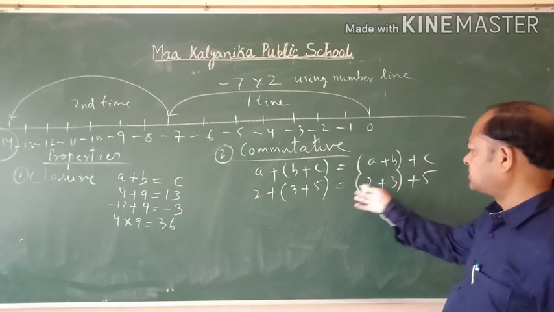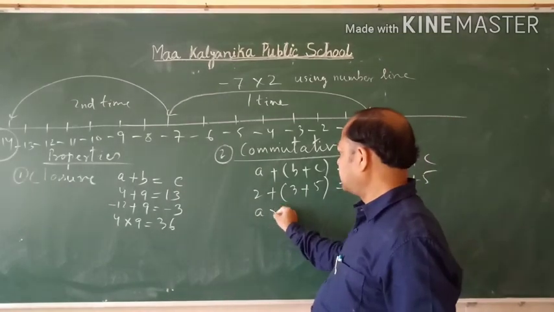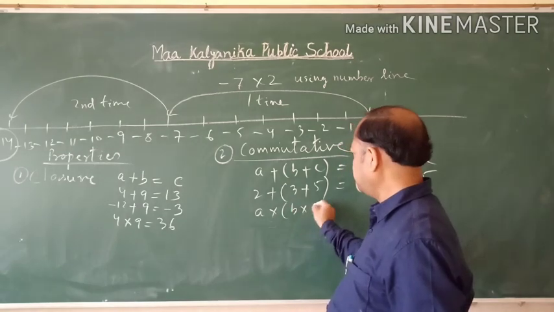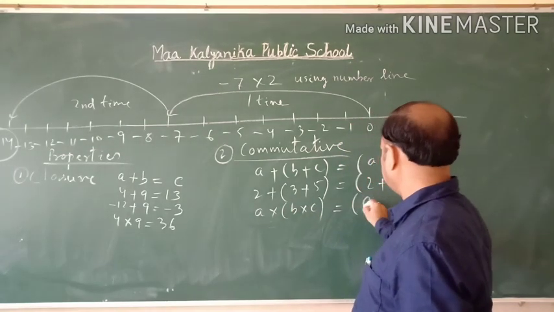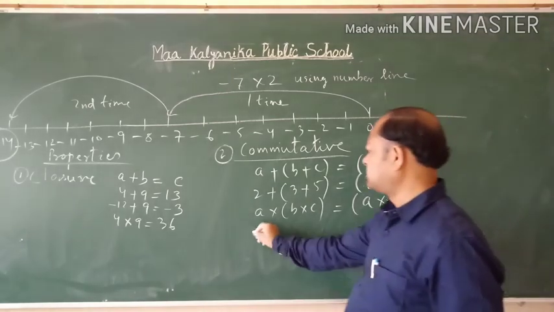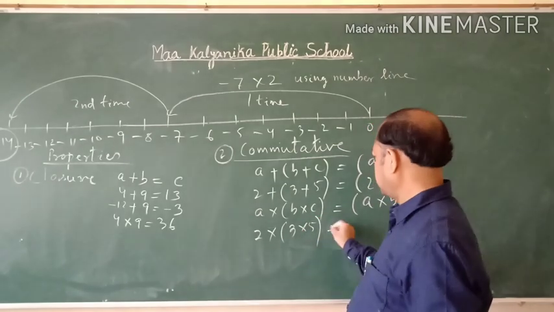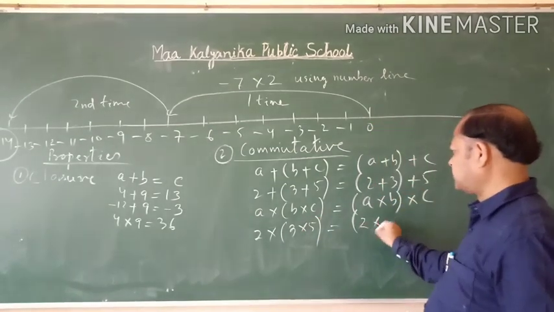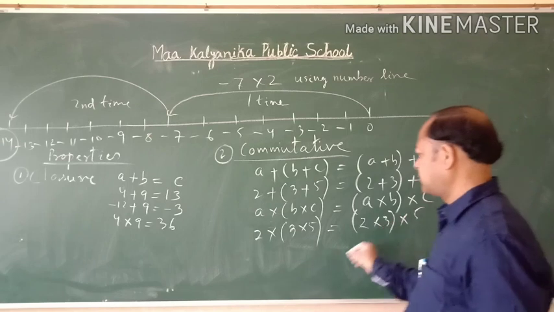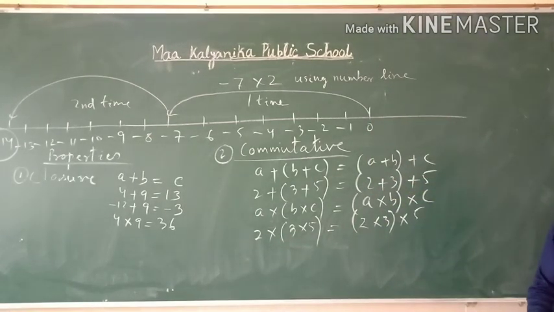Similarly, for multiplication it is also applied. This was for addition, now multiplication. A into B into C equals A into B into C. Let's see an example: 2 into 3 into 5 equals 2 into 3 into 5. Here the value is also the same. This is the commutative property for multiplication of integers.